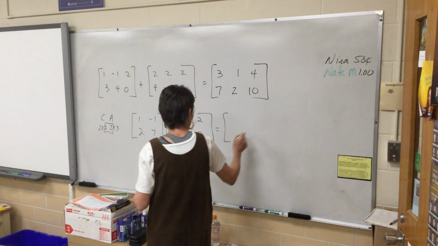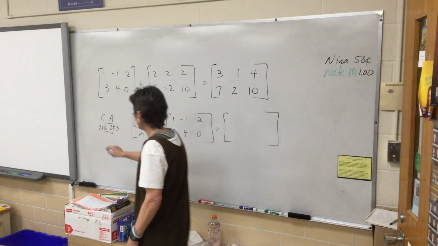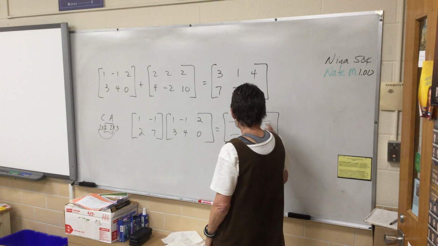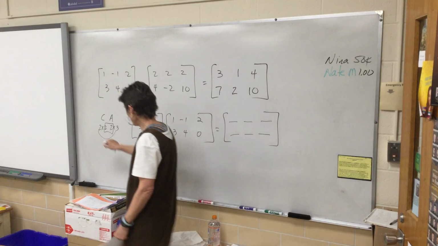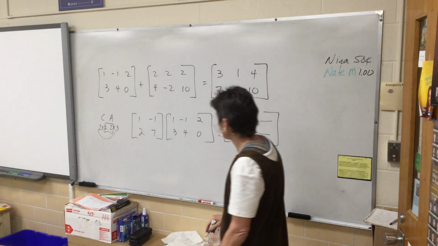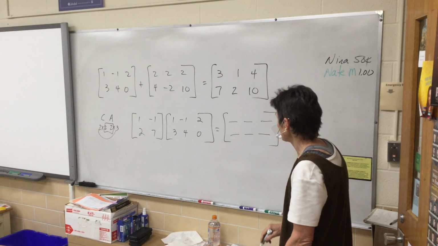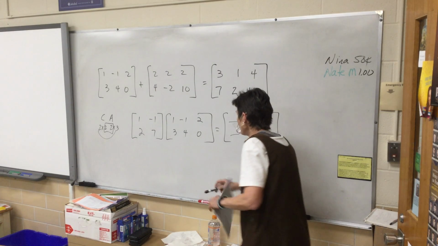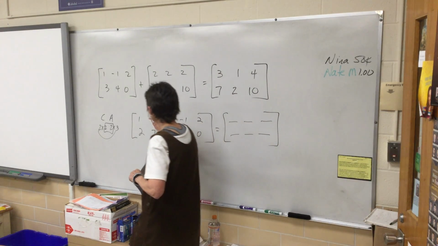And I'm going to multiply these. And I know when I multiply them, I'm going to get another 2 by 3, because the inside dimensions have to match, and the outside dimensions give me the size of the answer. When I multiply matrices, I do it row by column.